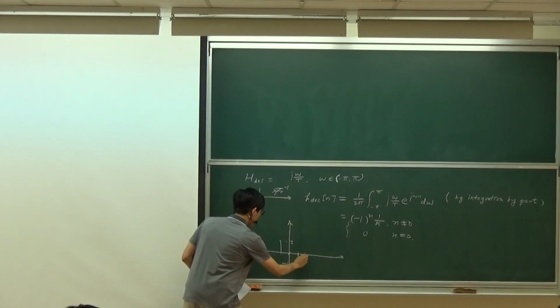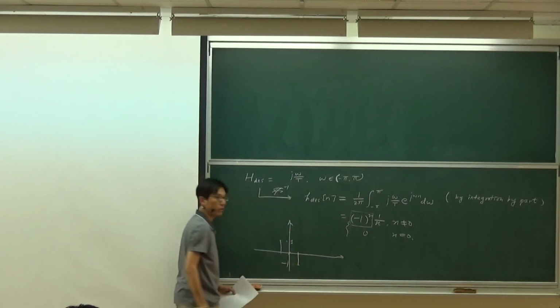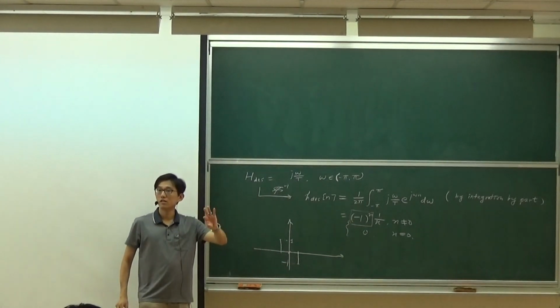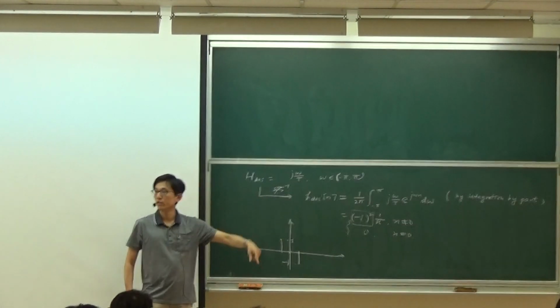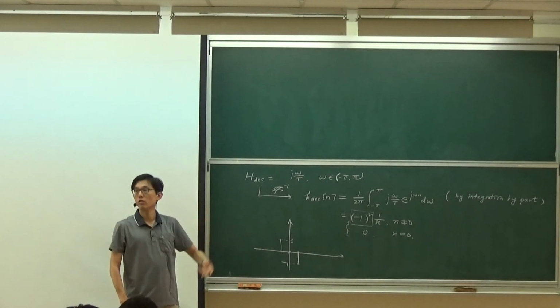For time 2, there's this factor of minus 1 to the nth power, so the samples are going to alternate, plus or minus. For every next sample, the sign is going to alternate.